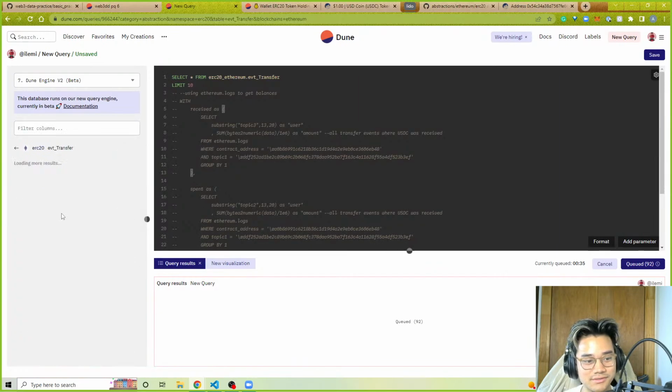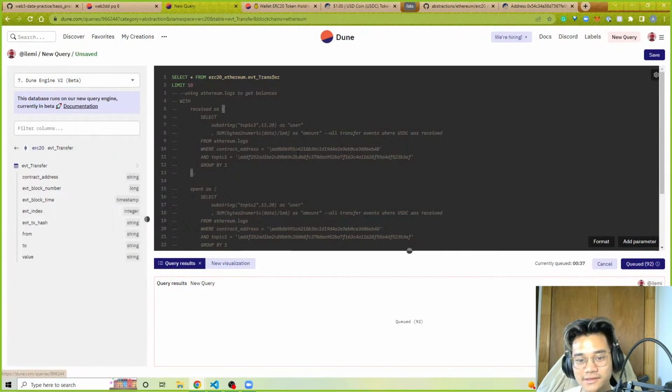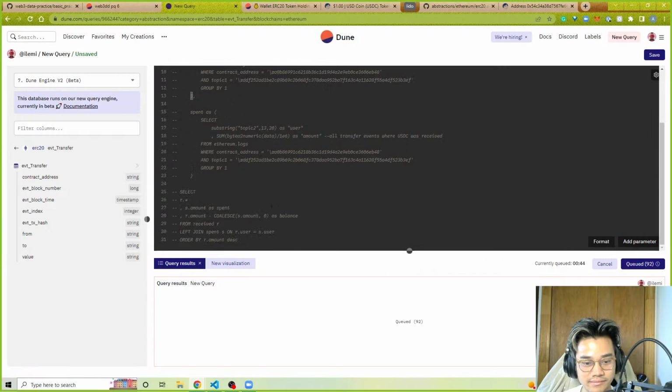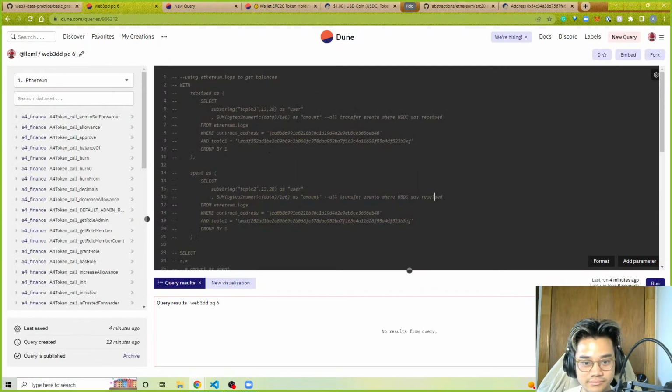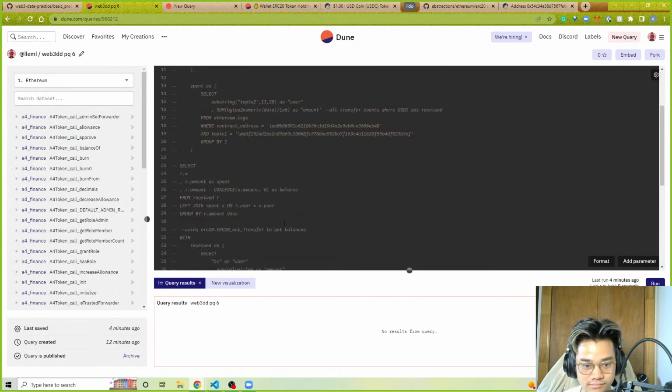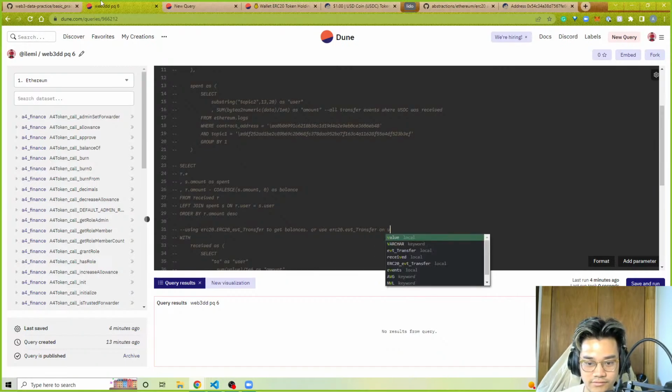And the indexing should be faster on V2, so you could rewrite this just using, let's see, where were we doing this? So instead of ERC20 dot, ERC20 would be ERC20 dot event, or use on V2.